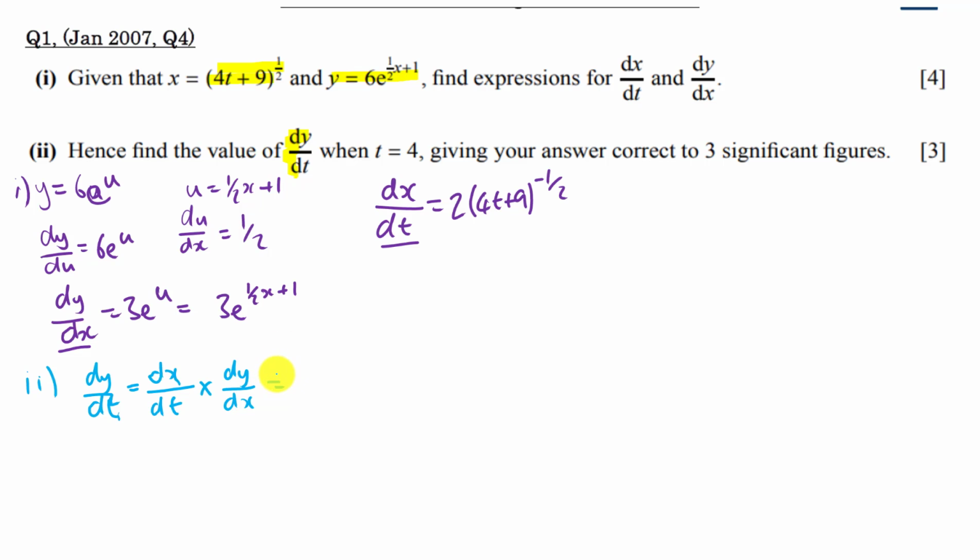So we're going to get, got to keep the brackets in, 9 to minus a half times 3e to the half x plus 1.